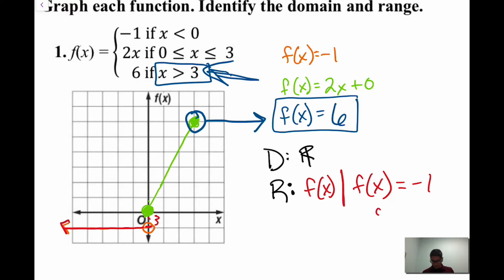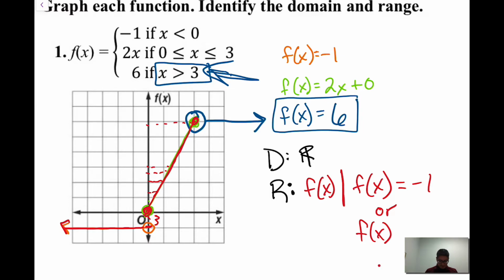So I would say f of x is true such that f of x must equal negative 1, or it must also, and it looks like we have a range here because here it starts off again, right? And from here to here, I have a corresponding y, right? For this part of the graph, I have a corresponding y. And that keeps going up and up and up. And I have a corresponding y here still.